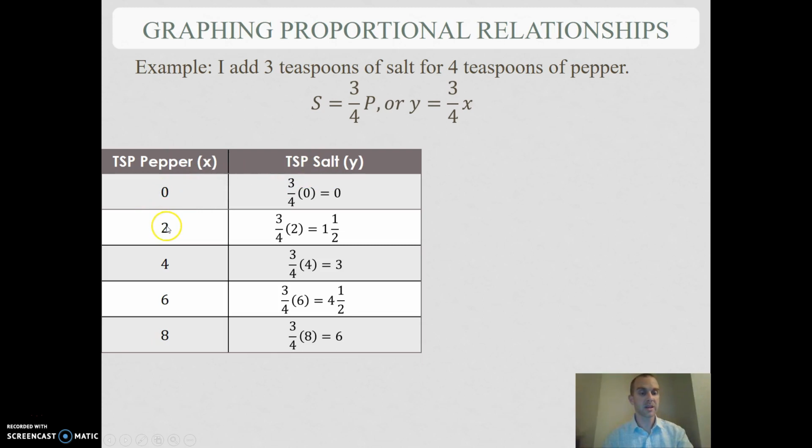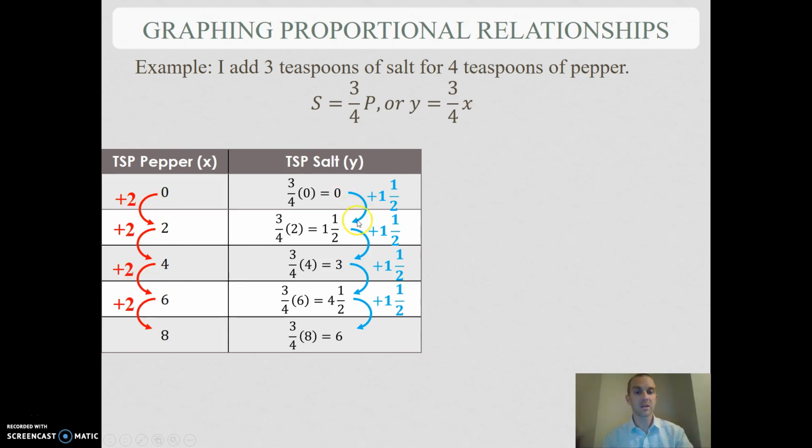The pepper is always increasing by 2 teaspoons. For my 2 teaspoon increase of pepper, I increase 1.5 teaspoons of salt. And that is true between the consecutive values.